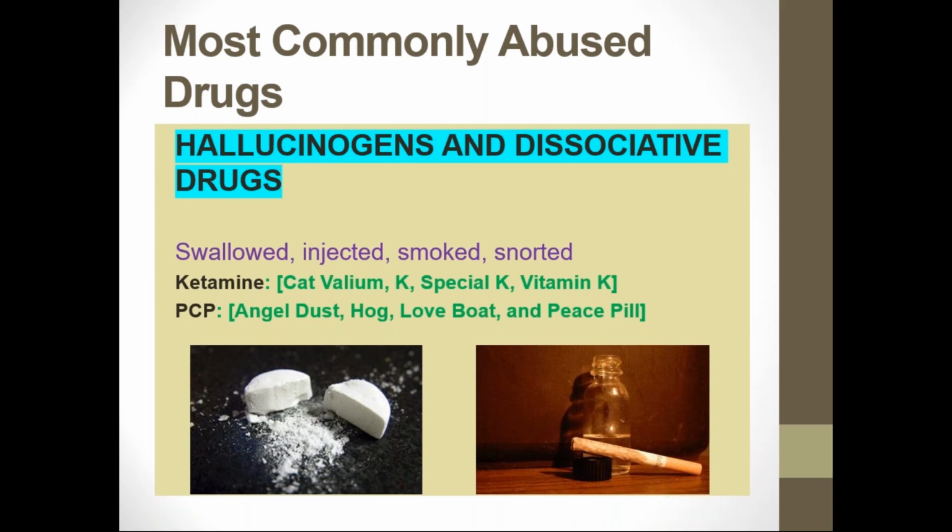I put this here because when you go interpret at a chemical dependency appointment, the patients in a group setting are supposed to do what's called a check-in. A very typical check-in would be something like this. Hello, my name is Judit. I've been clean and sober for 58 days.